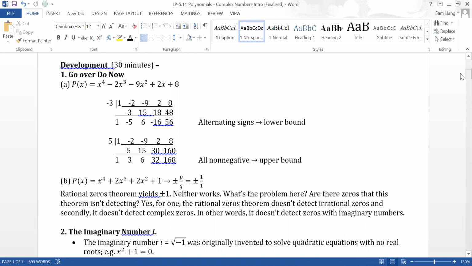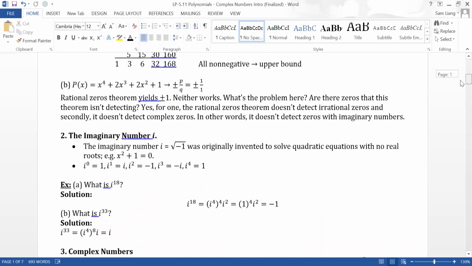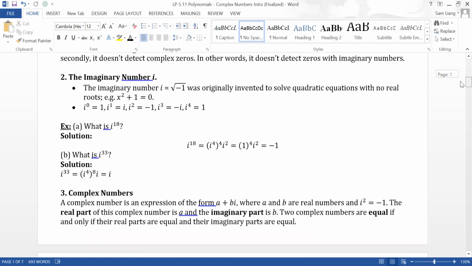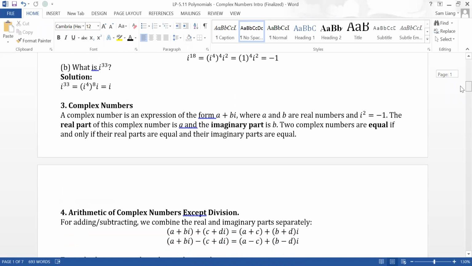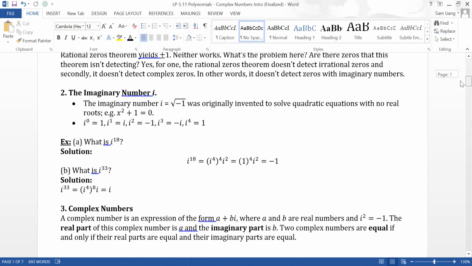Okay, so let me give you an overview of the rest of the lesson. First, again, we're going to talk about imaginary numbers today. That's part 1, and then next we're going to talk about complex numbers. So the imaginary number i, and then complex numbers, being an expression of the form a plus bi, which involves the imaginary number i.